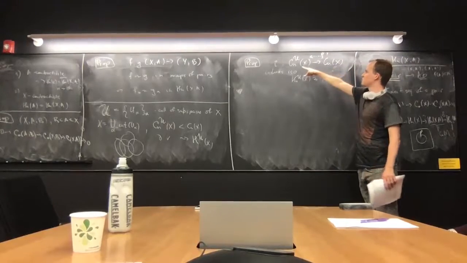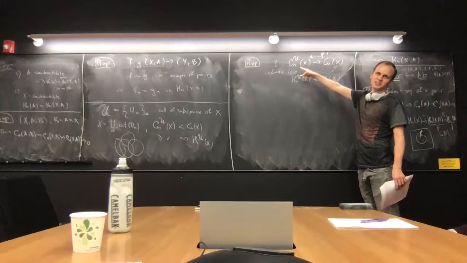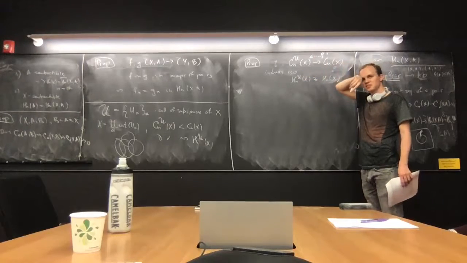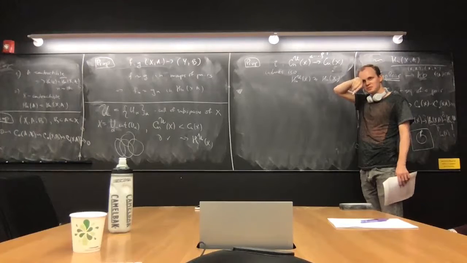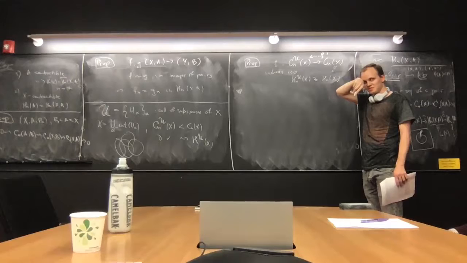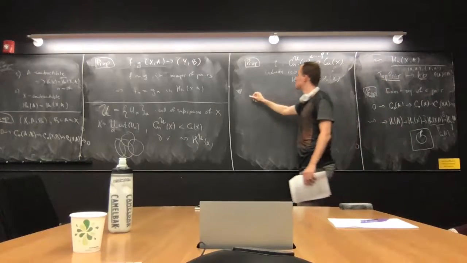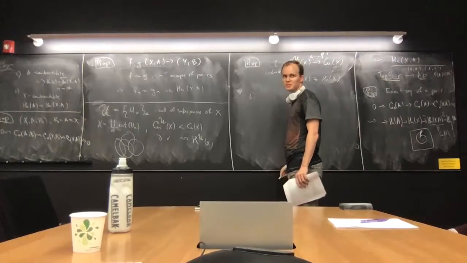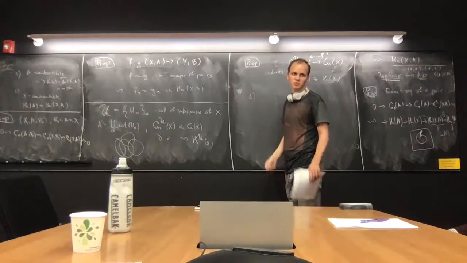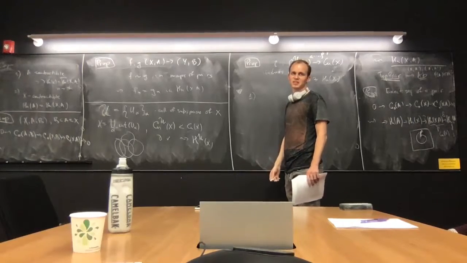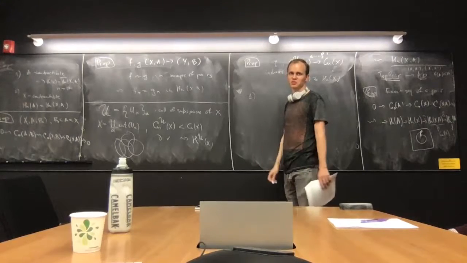What could this be? Take a chain. How do I produce a chain out of it that consists of small simplices? How can we turn a simplex into a bunch of smaller simplices?